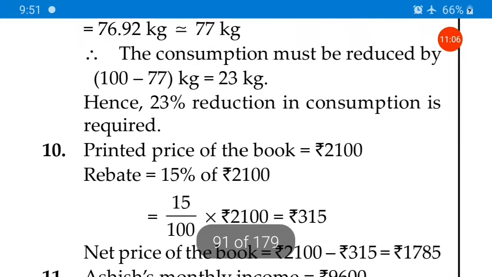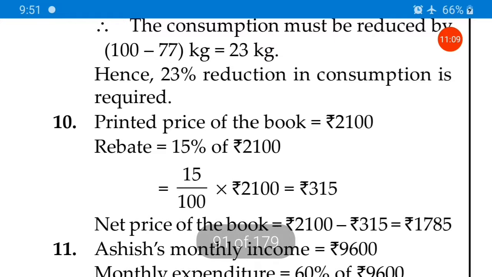Question number 10. Very easy. A bookseller offers a rebate of 15% on the printed price of the book. If the book is priced at rupees 2100, find the rebate given and the net price of the book. So here the printed price of the book is 2100, and rebate is 15%.